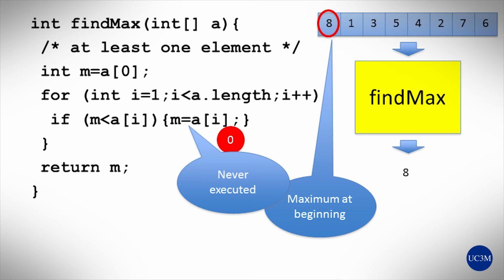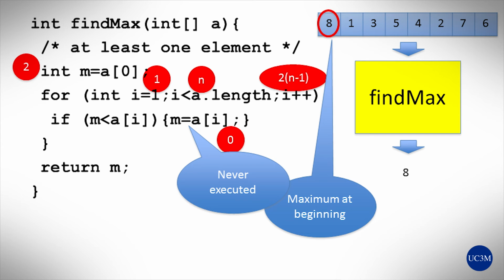So how many operations do we have? Well, let's count. 2 for the initial assignment of m, where there's also an access of an array. 1 for the initialization of counter i. Then the termination condition has to be checked n times: n minus 1 times we enter the loop, and once we don't. i is incremented on n minus 1 occasions, so 2 times n minus 1, because we have to increment i and assign it to itself.